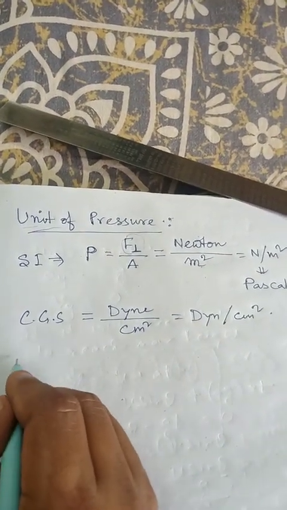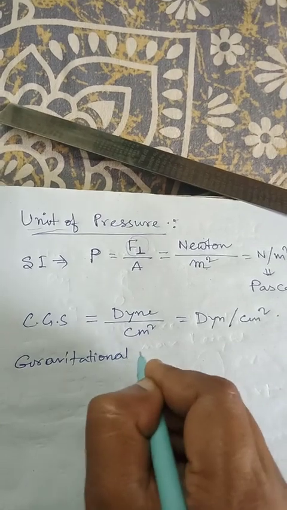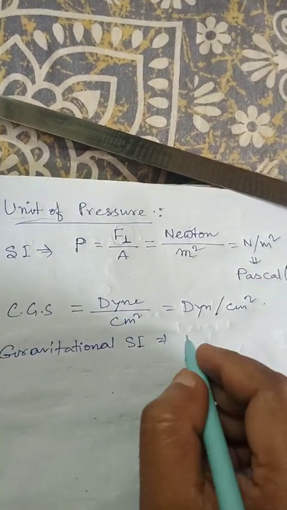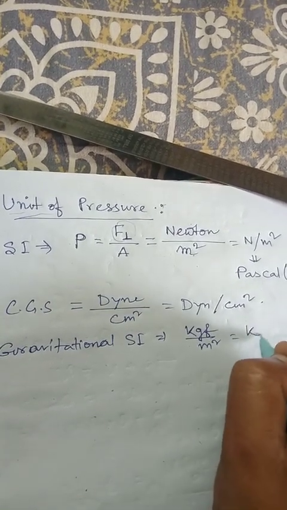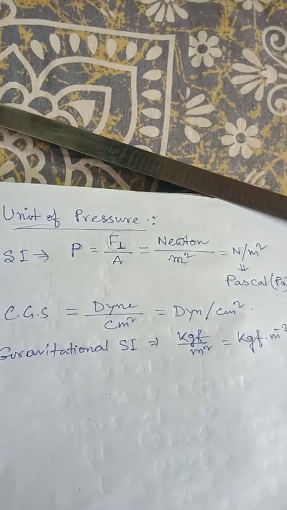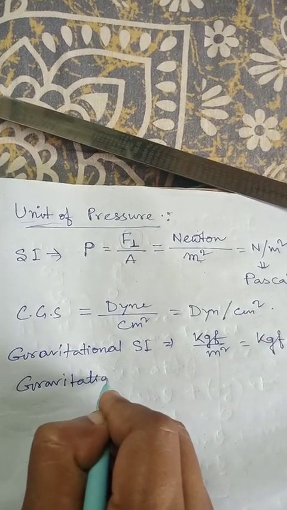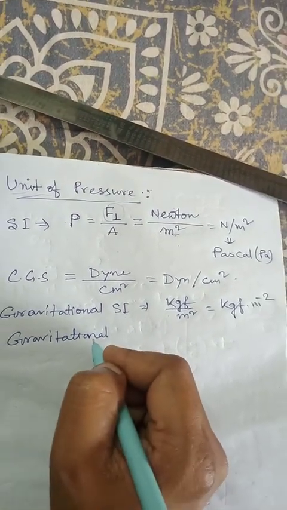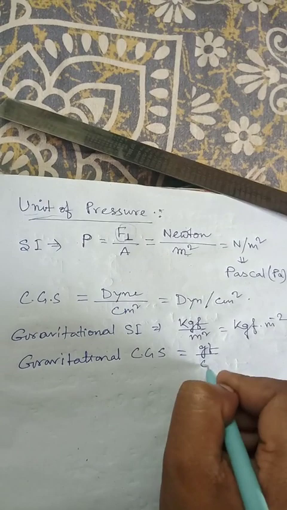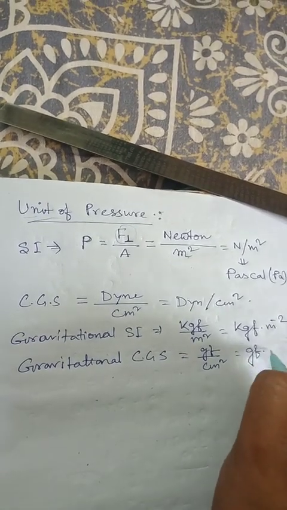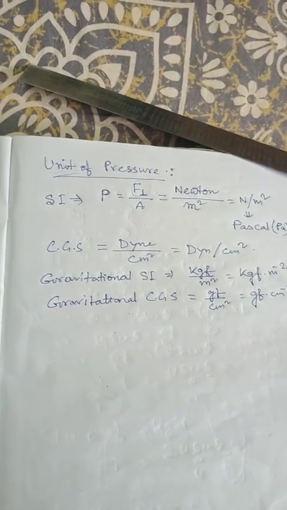Similarly, in the gravitational SI system, the unit of thrust or force is kgf and area is meter square, so we can write kgf meter to the power minus 2. And in the gravitational CGS system, gram force by centimeter square, that means gf centimeter to the power minus 2. That is the gravitational CGS unit of pressure.